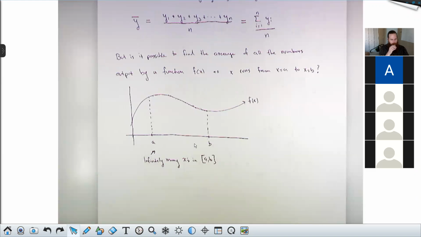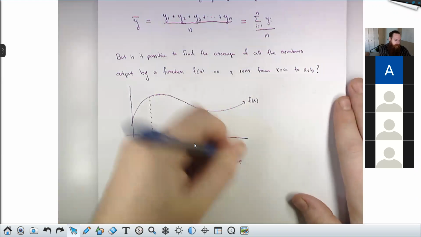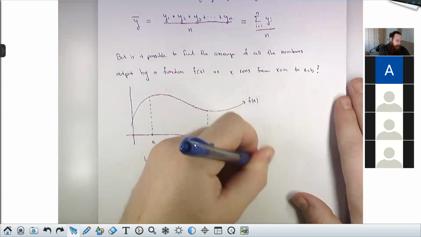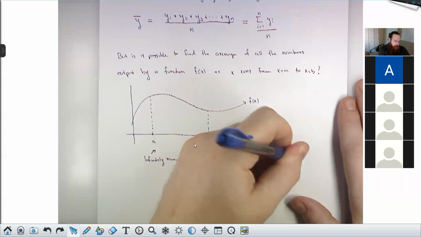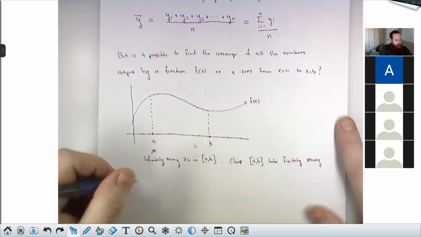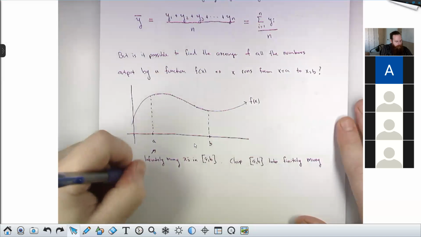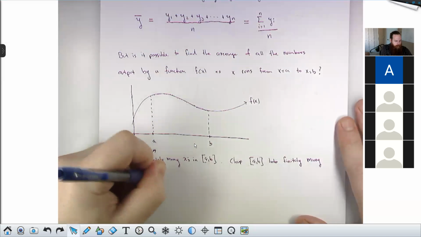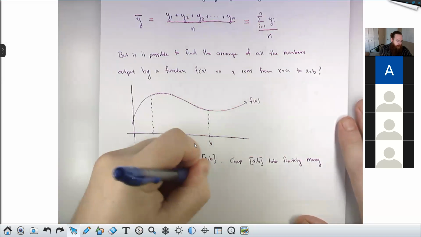So what we're going to do is we chop the interval a b into finitely many pieces. This is how we get around the infinity issue. We chop it up into finitely many, they're called subintervals, of equal length.